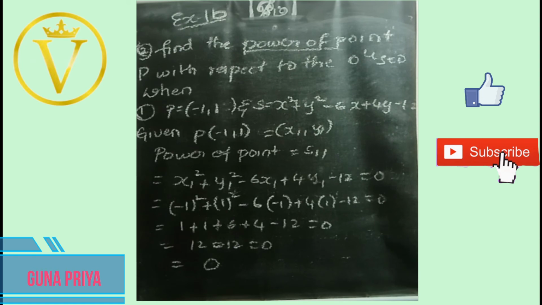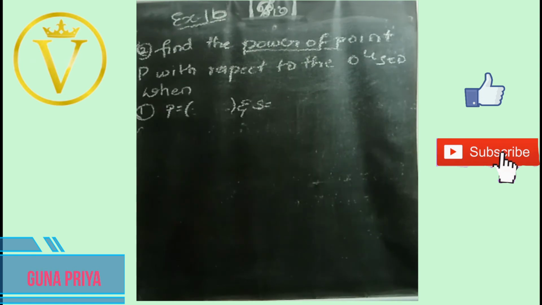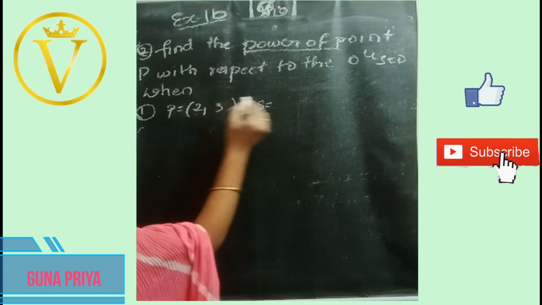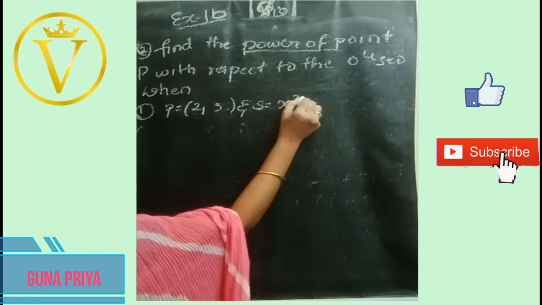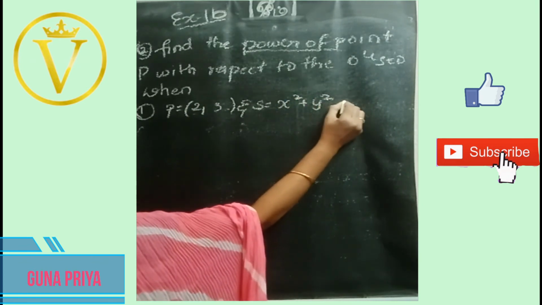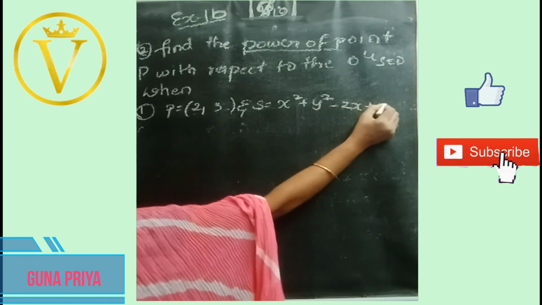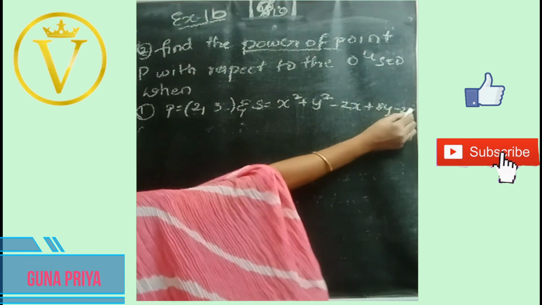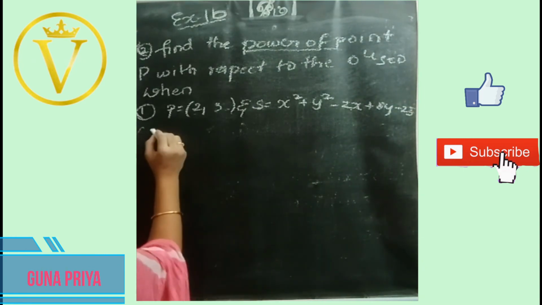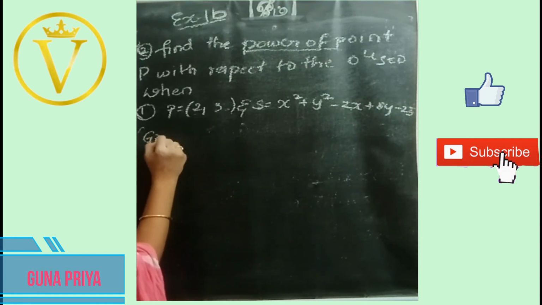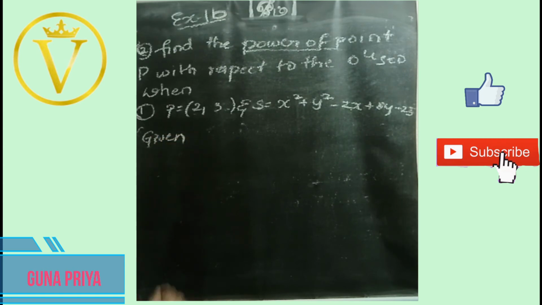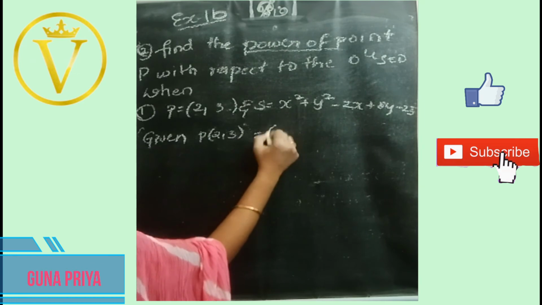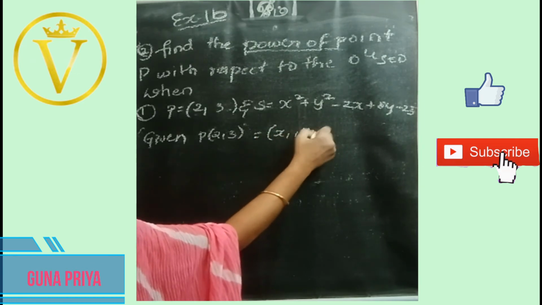Next we will go for another problem. Our third problem is P(2, 3) and S equals to x square plus y square minus 2x plus 8y minus 23. First we have to write the given: P(2, 3) is (x1, y1).